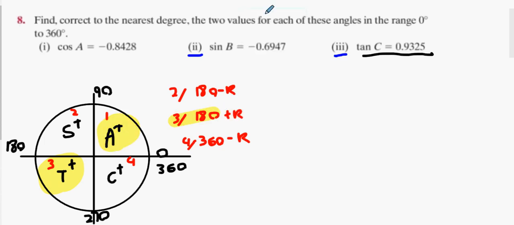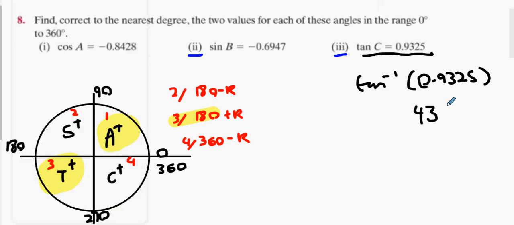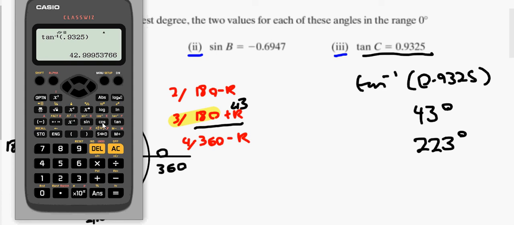So this means we can just tan inverse 0.932425, and if we tan inverse that, we get 42.999, 43 degrees. So 43 degrees is the first quadrant answer. But we also need the third quadrant answer, which is going to be 180 plus 43, which is 223 degrees. Once again, check your answer, bit of quality assurance. Tan 223, yep, and tan 43 as well.